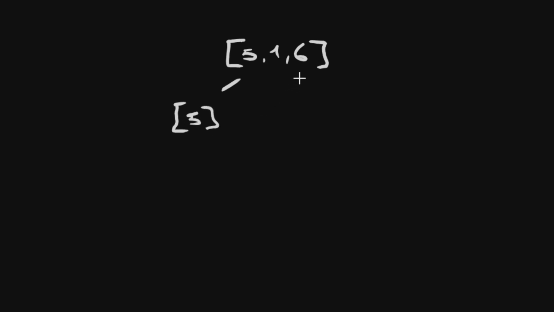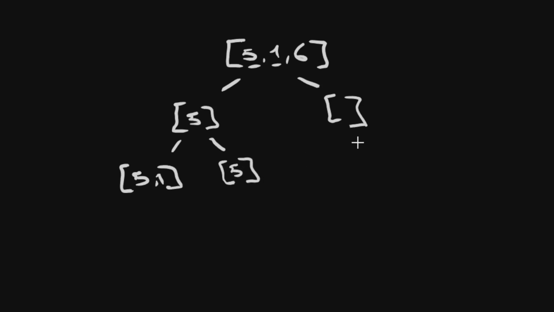And there's a world in which we don't take 5 and we have an empty array. Then we move to the 1, and here we can decide to take the 1, so we'll get an array with 5 and 1, or we don't take the 1 and we keep our array with 5. Similarly, here we have our empty array.